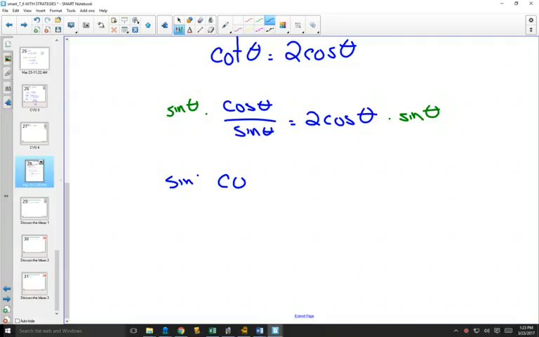The reason we did that was so that those sines would cancel out. And we end up with cos theta equals 2 cos theta sine theta.